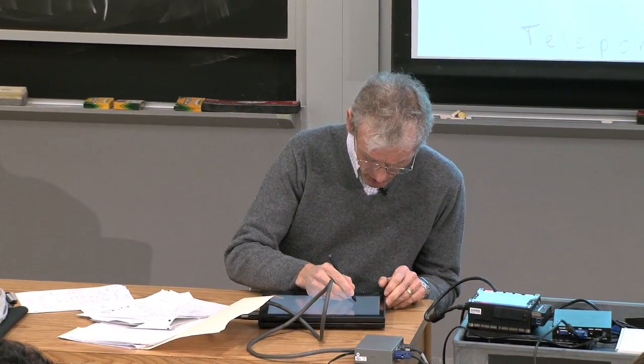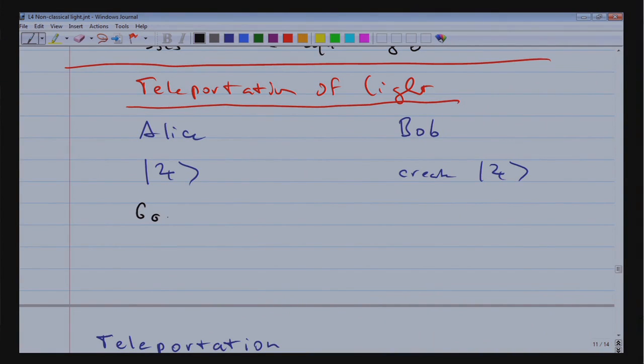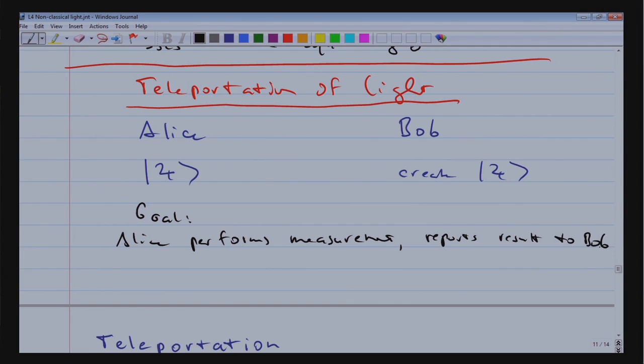So maybe let me just write down what I said. So the goal is now: Alice performs a measurement, reports the result to Bob, and Bob will recreate the quantum state.